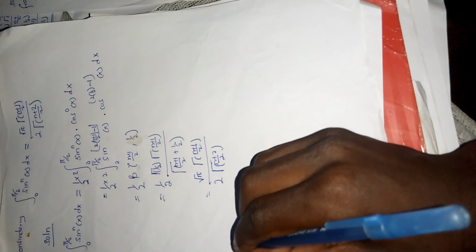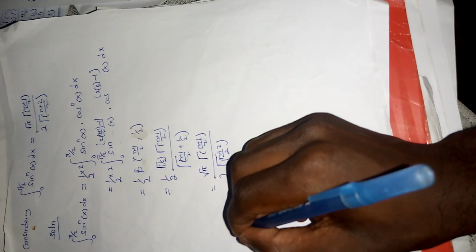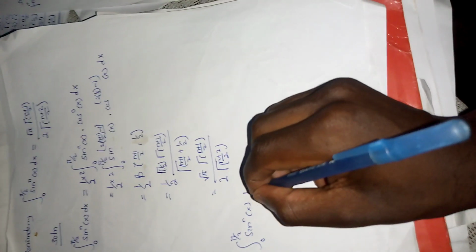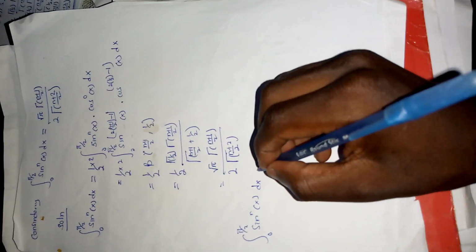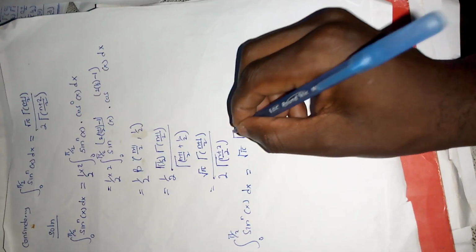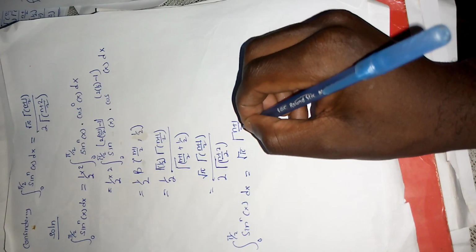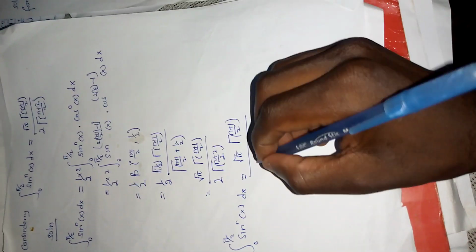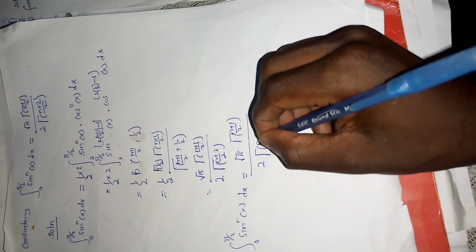Therefore, this function sine power n of x dx is equal to root pi gamma of (n plus 1) over 2 divided by 2 gamma of (n plus 2) over 2.